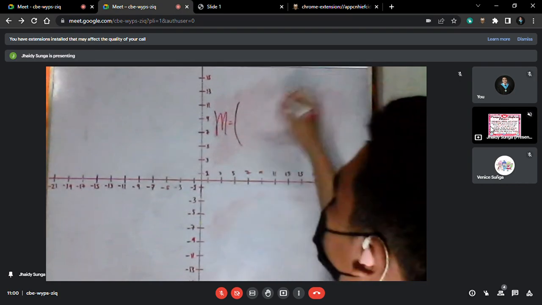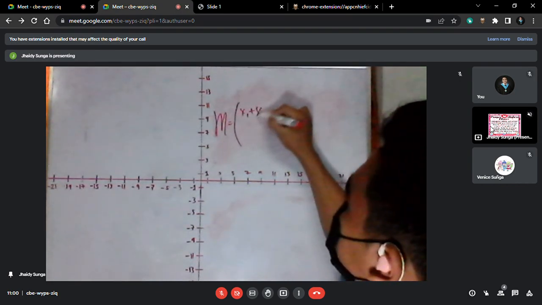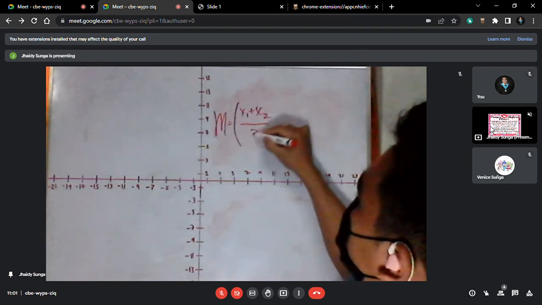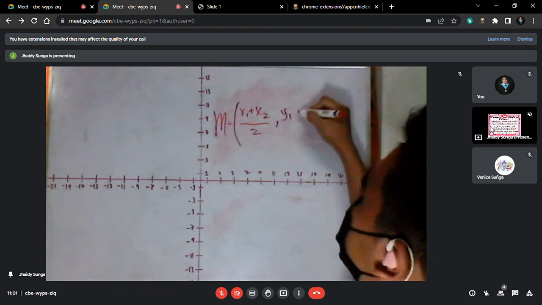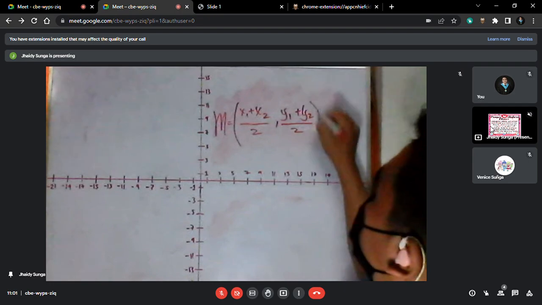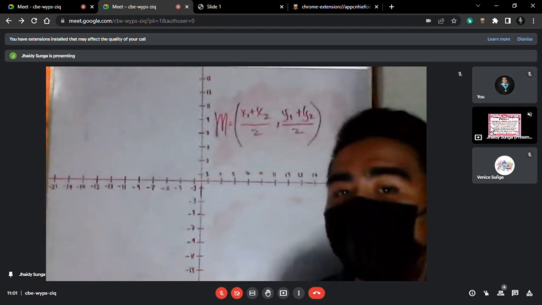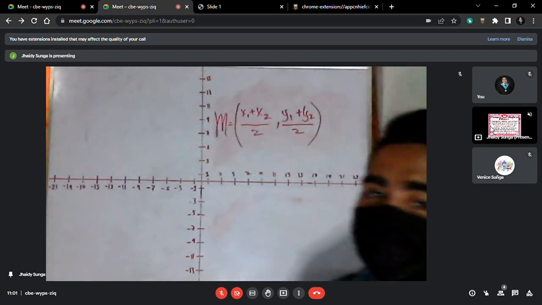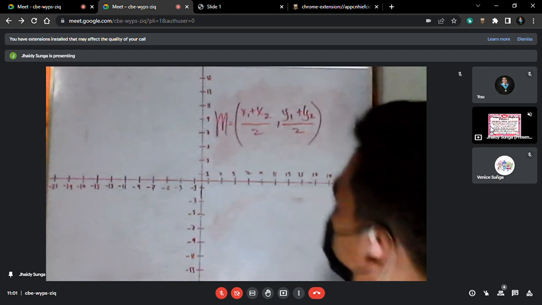The x coordinate is x sub 1 plus x sub 2 all over 2. Then your y coordinate will be y sub 1 plus y sub 2 all over 2. This is your formula for your midpoint, which is given to you already.